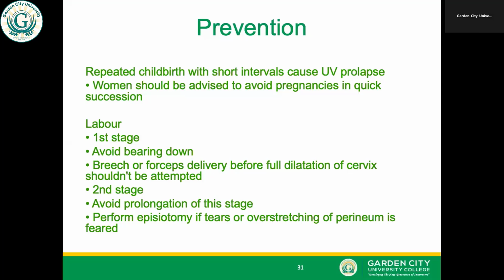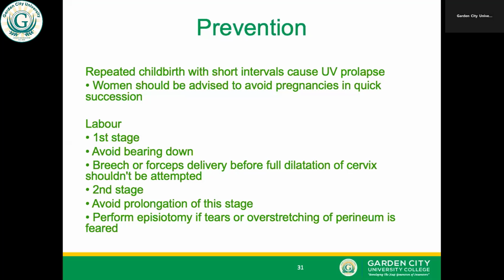The ligaments have been strained for a while and have not gone back to their normal state, and then another pregnancy comes, which causes a heavy load on the uterus again. So we encourage women to take family planning methods to space their children and allow the uterus to rest.